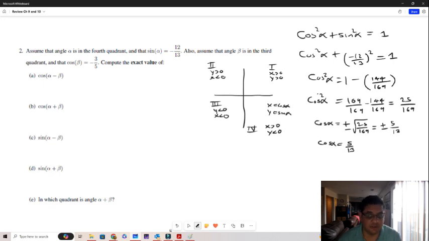We can go ahead and do it from here, but another way you can go about doing this is using the right triangle. So let me just do that as well. Notice that we can think of a right triangle, and this is the second way that you can approach this problem.